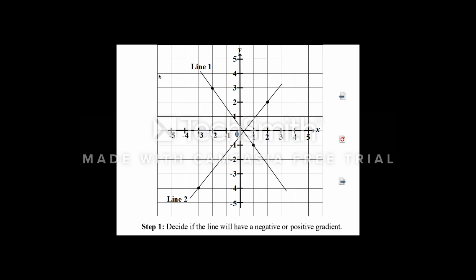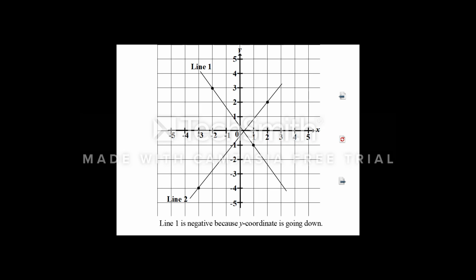We said that we approach the line always from left to right, the direction in which we read. So as we come across, we'll meet the line up here, and we're going down, and so we know that it's going to have a negative gradient. When we look at line 2, as we come across from left to right, we meet our line here, and we're moving up the line, and so line 2 will have a positive gradient.